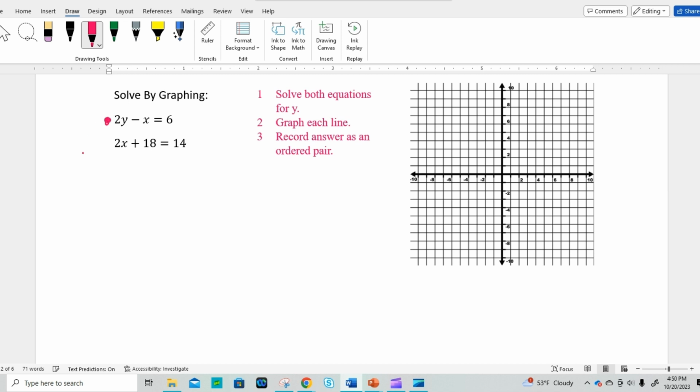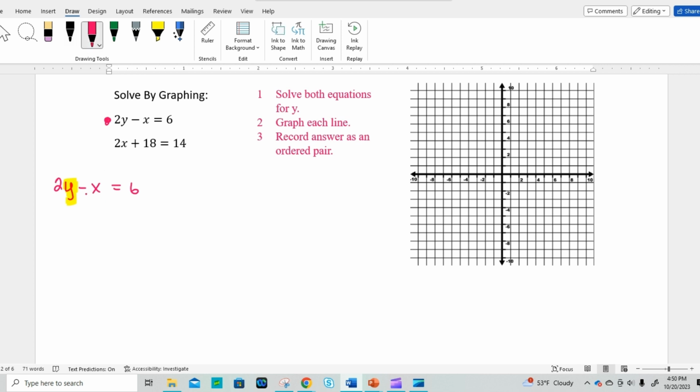So this time my pink equation is 2y minus x is equal to 6. So even though this is in a different order than the one before, I still got to get y by itself. It doesn't really matter where the y is, I just want it isolated.